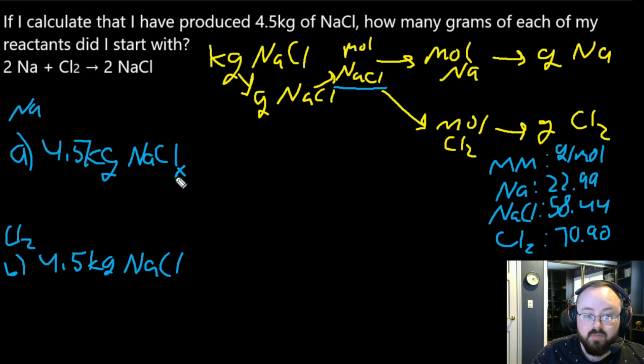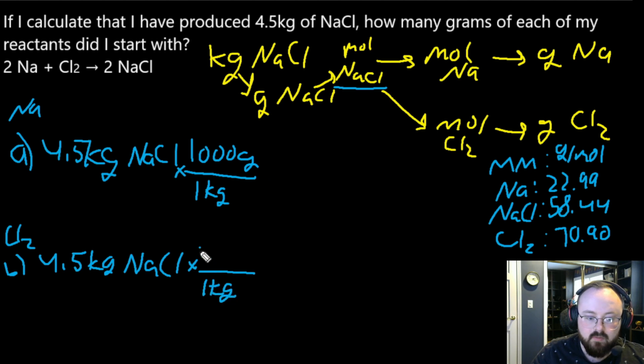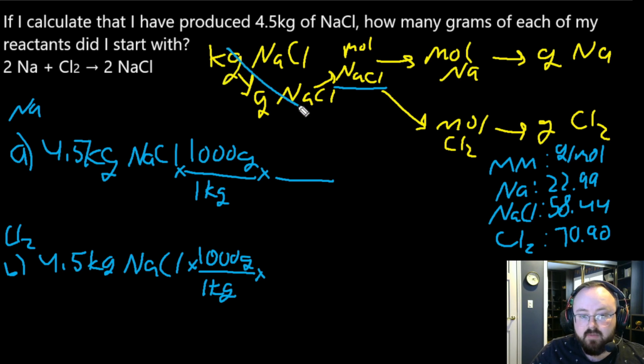Let's start by doing this conversion away from kilograms. 1 kilogram, 1,000 grams. Our next step, so let's kind of mark off the steps that we've done here. We have done this step right here. Now we have to go from grams of NaCl into moles of NaCl.